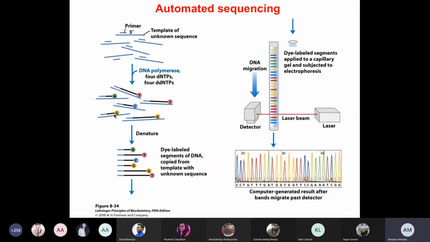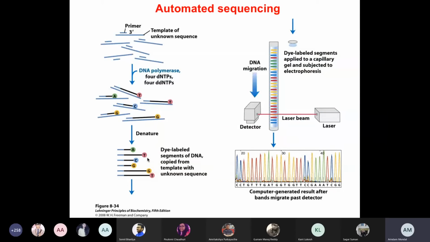And you set up the reaction. Whenever there is a chain termination with A, that fragment will be labeled with green fluorophore. If there is a chain termination with T, that will be labeled with a red fluorophore, right? Whenever there is a chain termination with one particular nucleotide, that fragment will be labeled with one particular color.